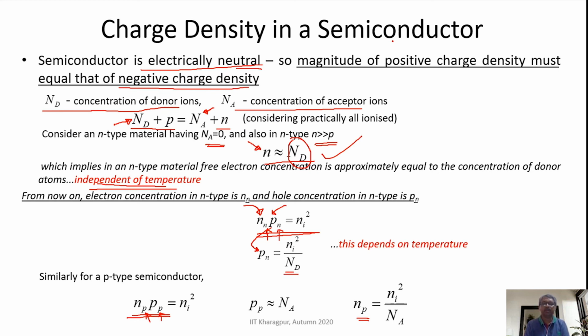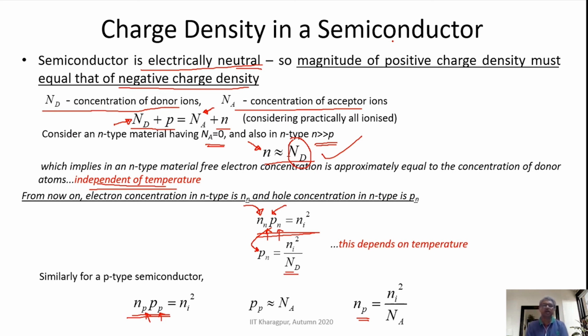That way you can get a larger amount of current from this extrinsic semiconductor. Lastly, extrinsic semiconductor is of two types. One is the N-type semiconductor, where the majority carriers are electrons, and the P-type semiconductor, which is realized using boron doping, where the majority carriers are holes and minority carriers are electrons.